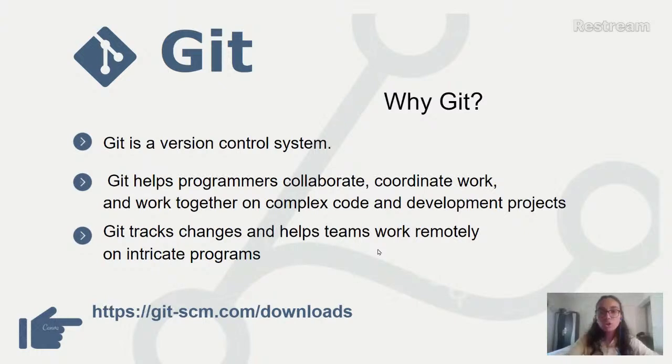So if you want to collaborate or coordinate some work, Git is used there. In open source programming, where more than one developer or programmer is working on a project, Git is used.